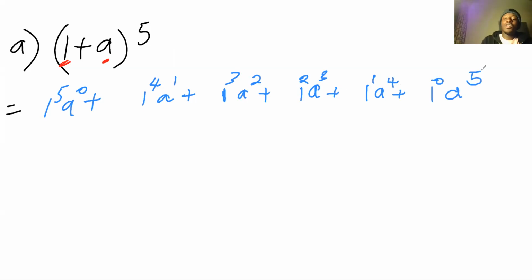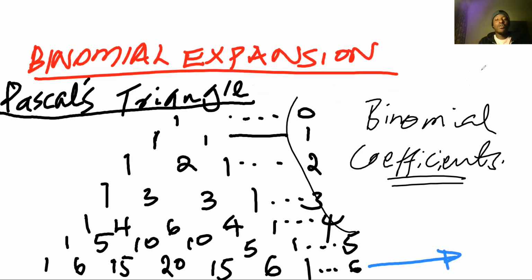Then the next thing you need to include here are the binomial coefficients. And for 5, when you do so many examples, you just remember them. For 5 it is 1, 5, 10, 10, 5, 1. So this is where you check your binomial coefficients for 5. This is their line.